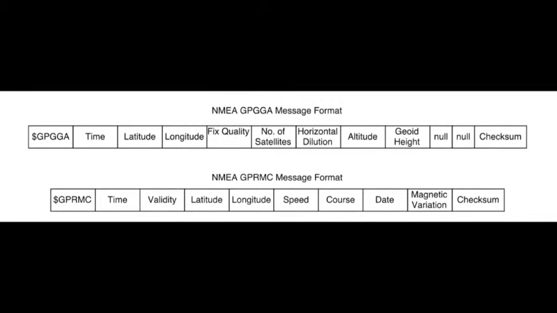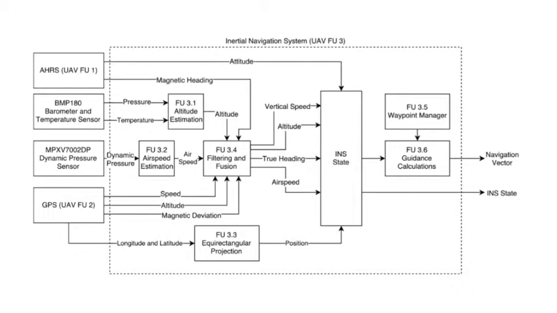The GPS uses serial UART, and it sends NMEA messages like this, and this is how the aircraft determines where its position is. So then the INS basically just takes in a whole bunch of information from the previous systems that I mentioned, and also combines it with an altitude estimation from a barometric and temperature sensor, and also an airspeed estimation based on using measurements from a dynamic pressure sensor, which is mounted in the front of the airplane to measure airspeed.